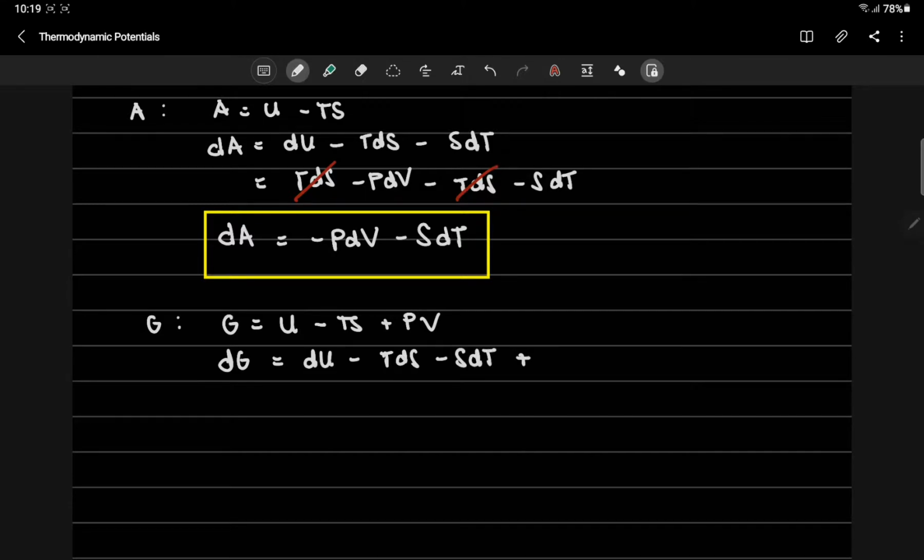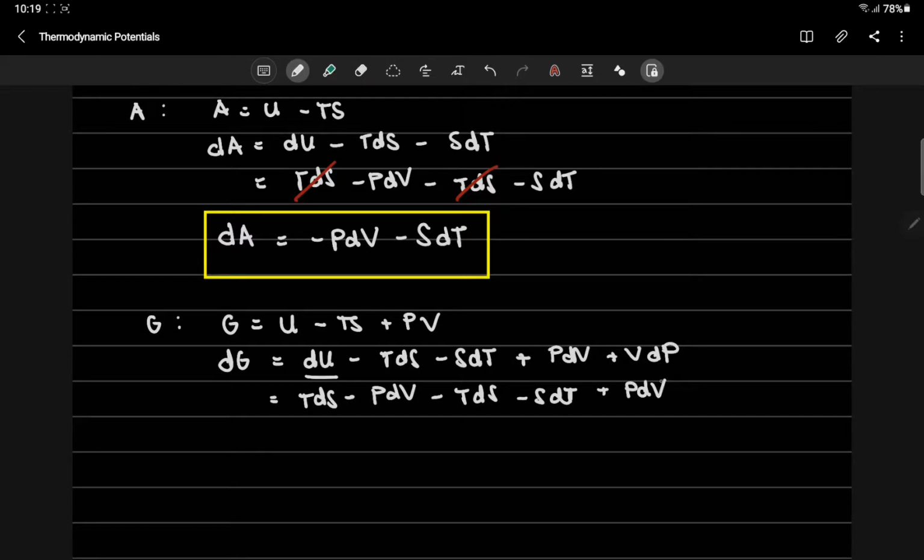Another derivative of a product, so plus P differential V plus V differential P. Don't forget to insert the expression for dU, that's TdS minus PdV, minus TdS minus SdT plus PdV plus VdP.